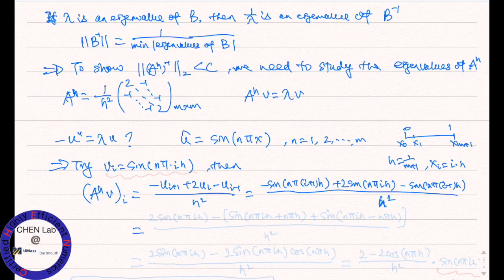That's easy if you remember some trivial trigonometric identities. So we have 2 sine m pi ih, and then sine m pi ih plus m pi h, plus another sine, m pi ih minus m pi h, divided by h squared.